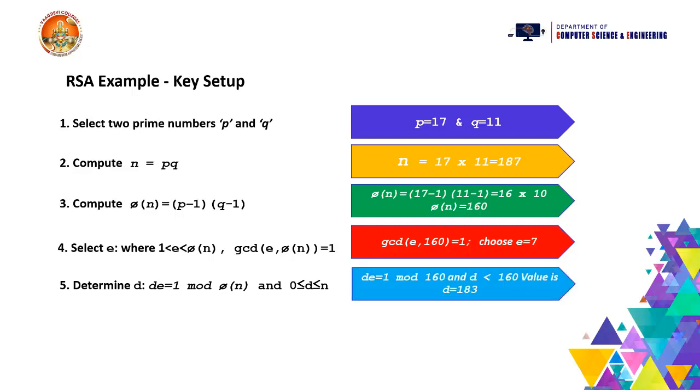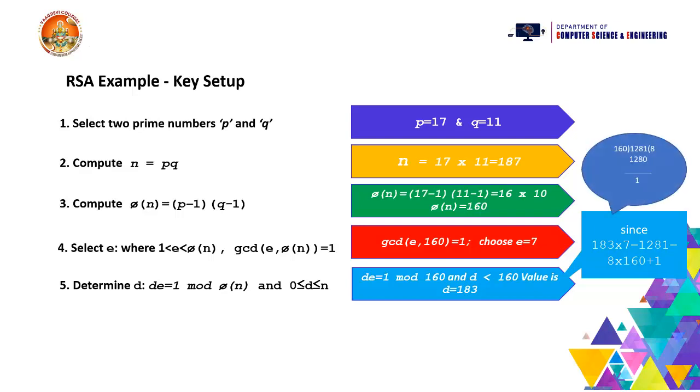By using this equation, we got D as 183, because 183 times 7 generates 1281. If we perform the modular operation, we get the result 1. So it satisfies our condition. That's why we selected D as 183.